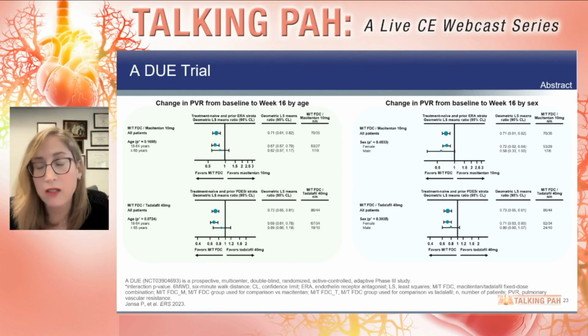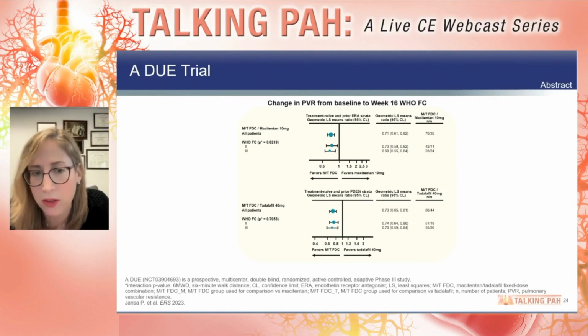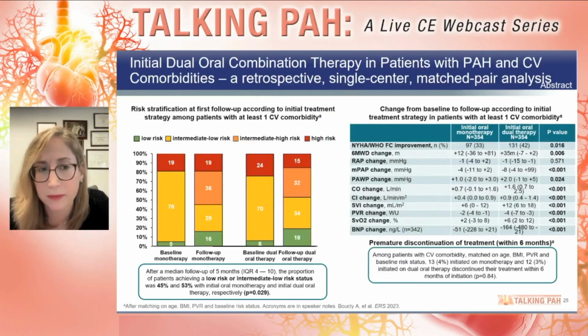So females, when you weren't over the age of 65, had a better response. And then here was the change from baseline based on functional class, which really was pretty similar, functional class 2 and class 3. So I think it showed what we already knew, that if you're older, you tend to not have the same response as when you're younger, and that men typically don't respond as well as women.